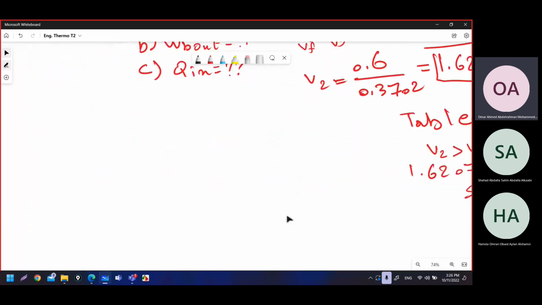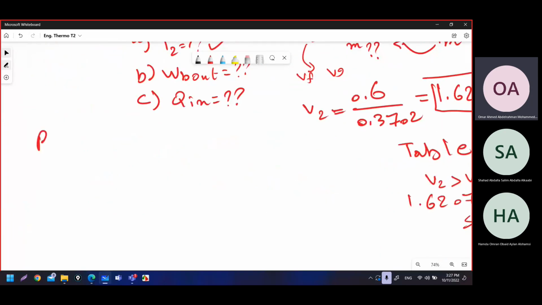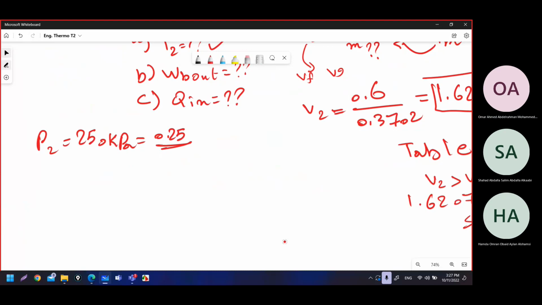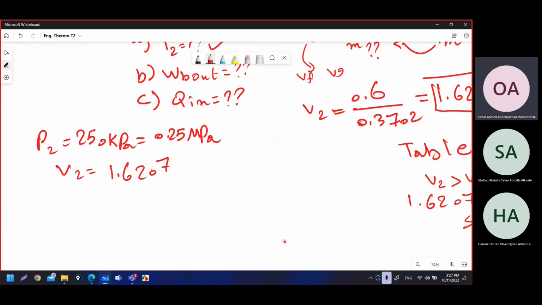So P2 is equal to 250 kilopascal, and we know that table A6 is in megapascal, so it is 0.25 by dividing by 1000, megapascal, and small v2 is 1.6207 meter cubed per kilogram. So I have to find my temperature, so I will go to table A6.